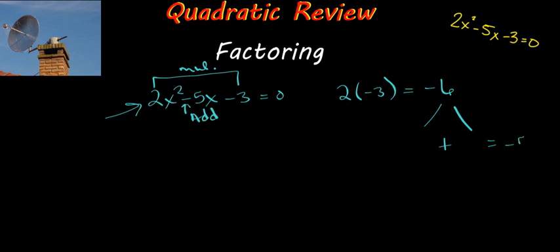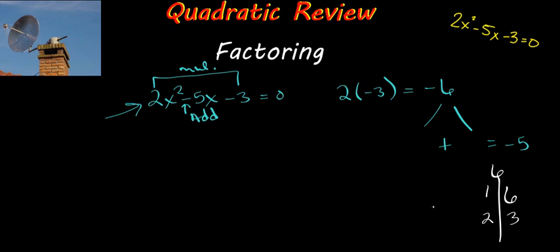So if I need things that are going to combine to a -5, we have several different factors of 6, and I did 6 for a reason. Now, if you're trying to find factors of 6, you're going to have 1 and 6 and 2 and 3, and all of them can be combined to make 5s. So when you're looking at something like this, you have to pay attention to signs.